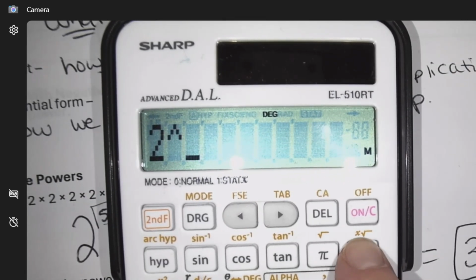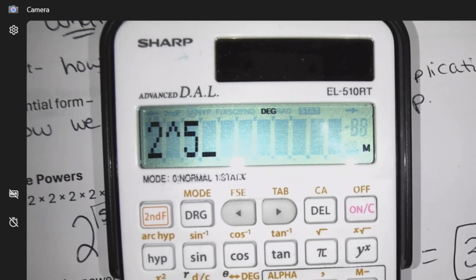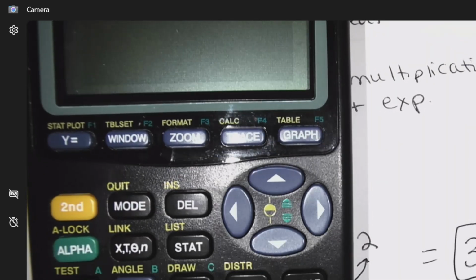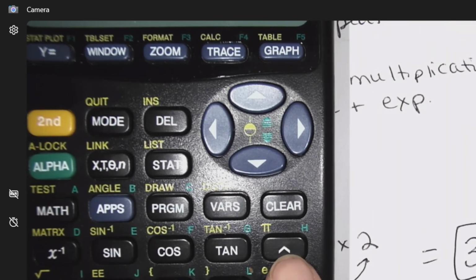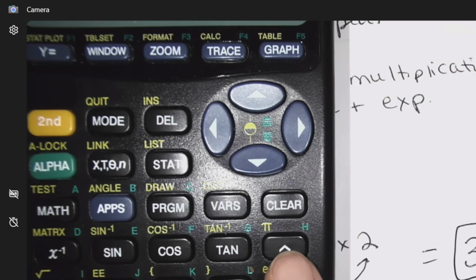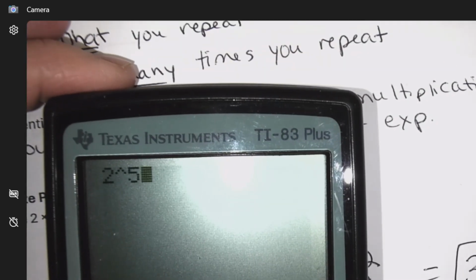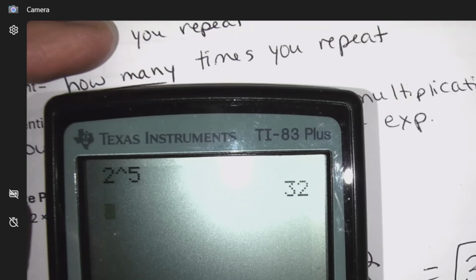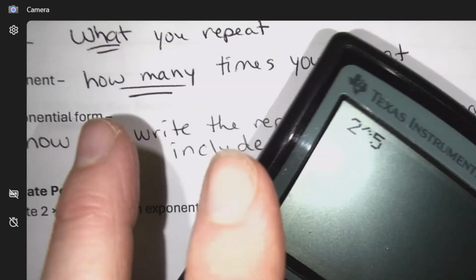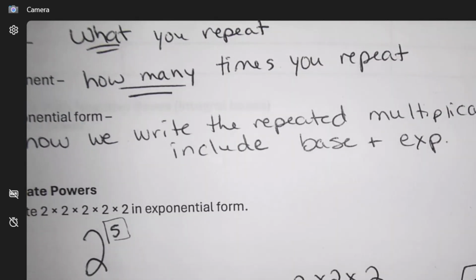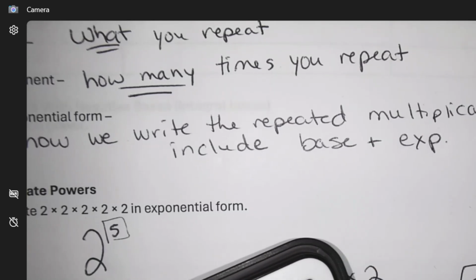That means exponent, 5. On this calculator, I have a different button. I always call it like a little hat arrow. To the 5. Okay, so practice that. We should get 32 because we already did that with our brains.